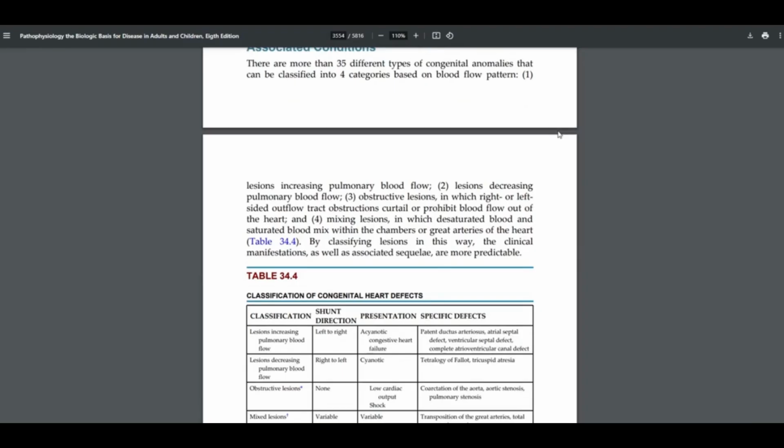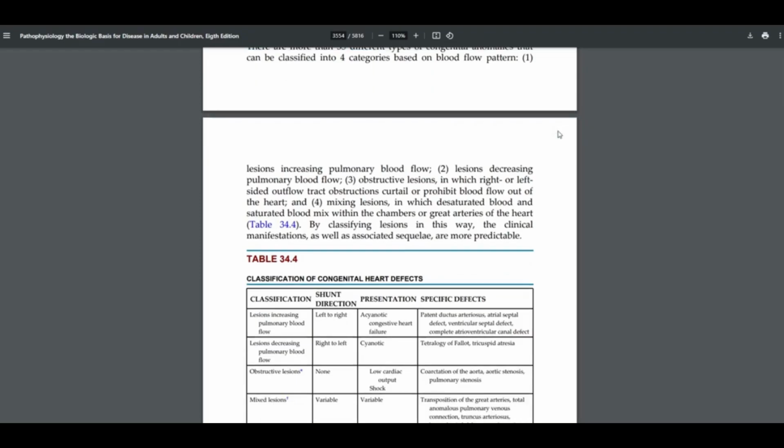Lesions increasing pulmonary blood flow, lesions decreasing pulmonary blood flow, obstructive lesions in which right or left-sided outflow tract obstructions curtail or prohibit blood flow out of the heart, and mixing lesions in which desaturated blood and saturated blood mix within the chambers or great arteries of the heart. By classifying lesions in this way, the clinical manifestation, as well as associated sequelae, are more predictable.